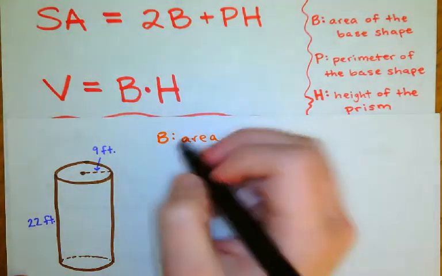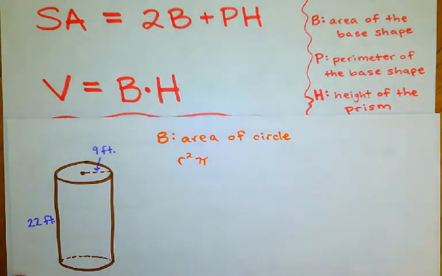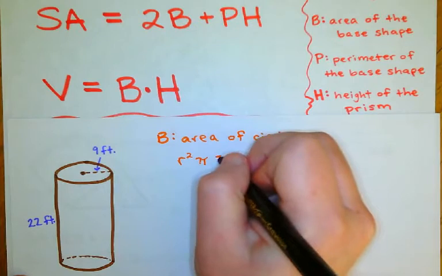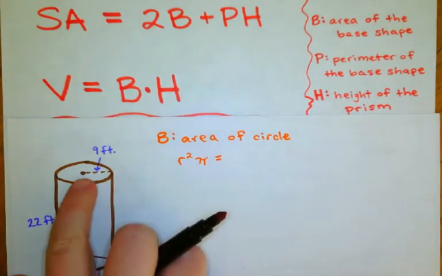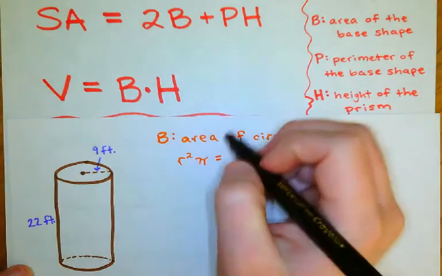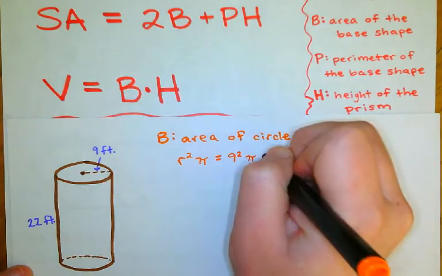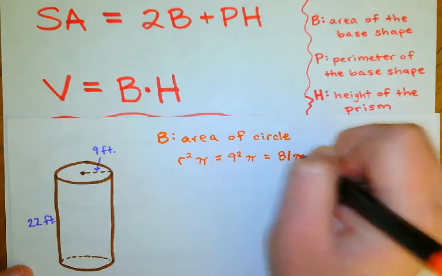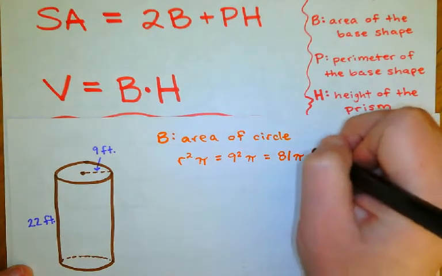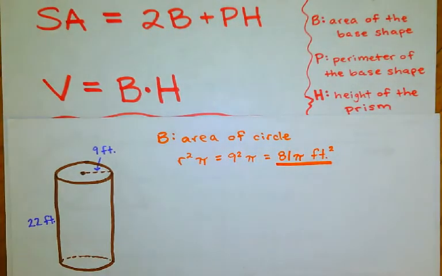I put the numbers first, so I'm going to say r squared times pi. Alright, r stands for radius. What's our radius? From the center of your circle to a point on the side, that would be 9 squared times pi, and 9 squared is 81 pi feet squared. Right? There's our capital B. We're going to leave it like that.